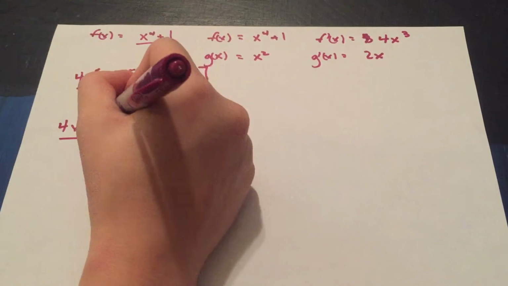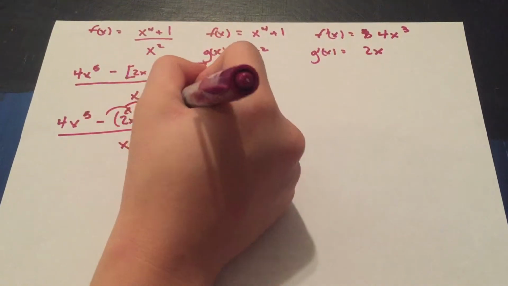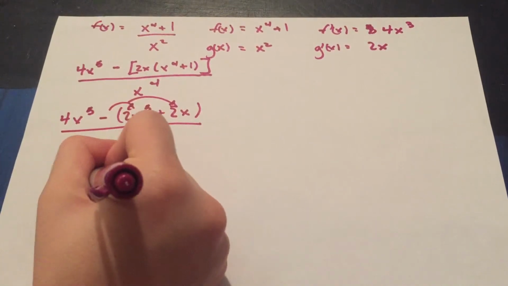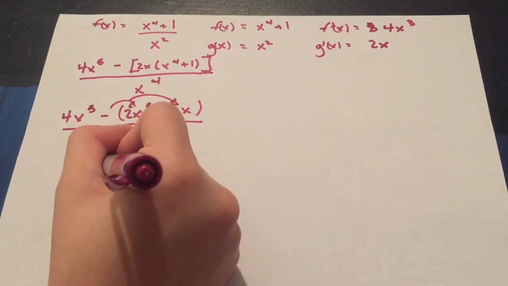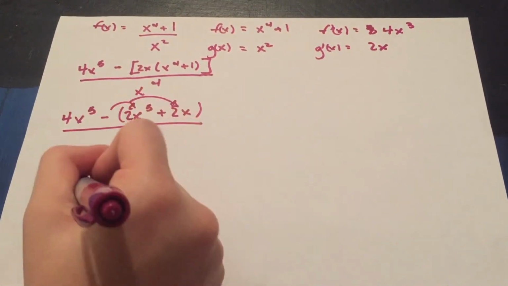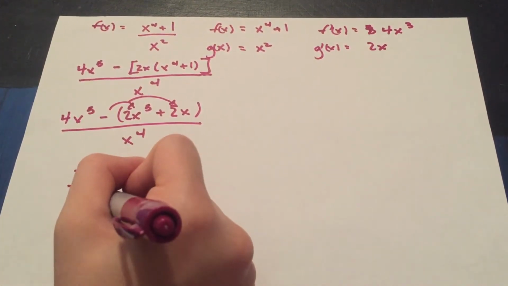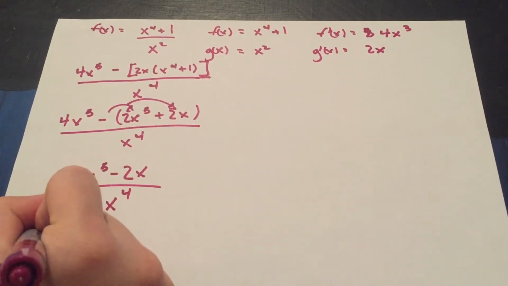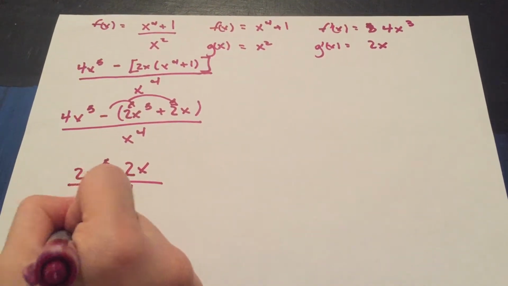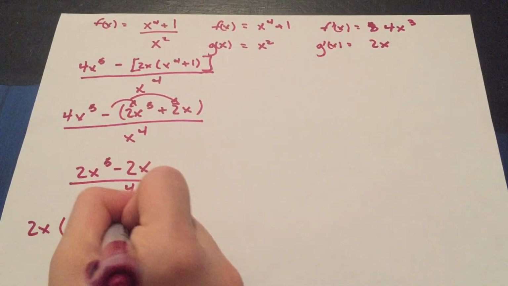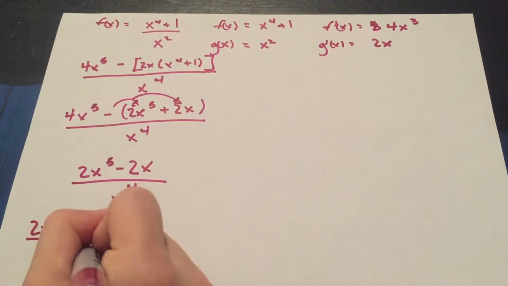So this is going to end up distributing to each one. So we have minus 2x to the 5th, so we're going to have 2x to the 5th minus 2x over x to the 4th. We can take out a 2x, and then we are left with x to the 4th minus 1 over x to the 4th.